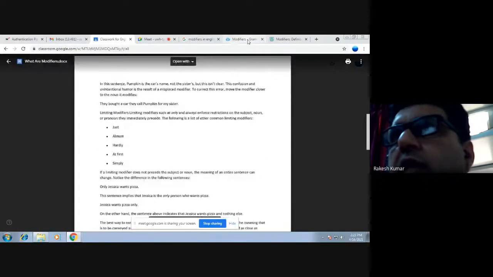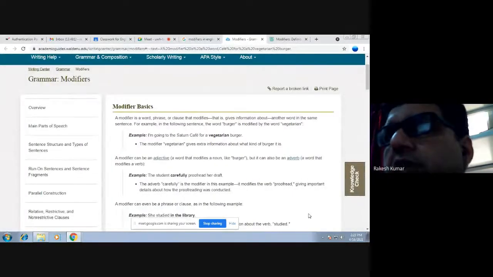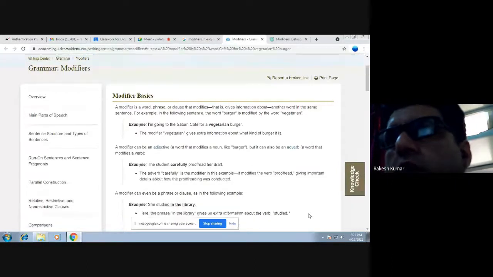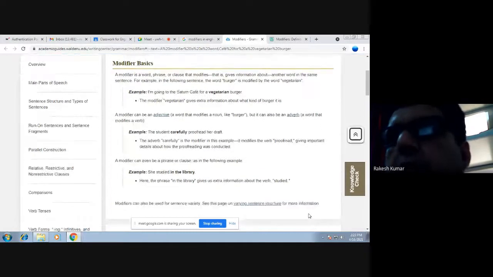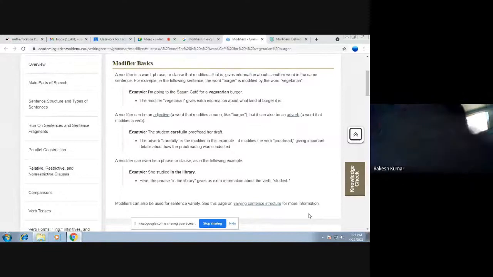Let's see what other sites online say. They say a modifier can be an adjective. It can also be an adverb. It depends. Example: "The student carefully proofread her draft."